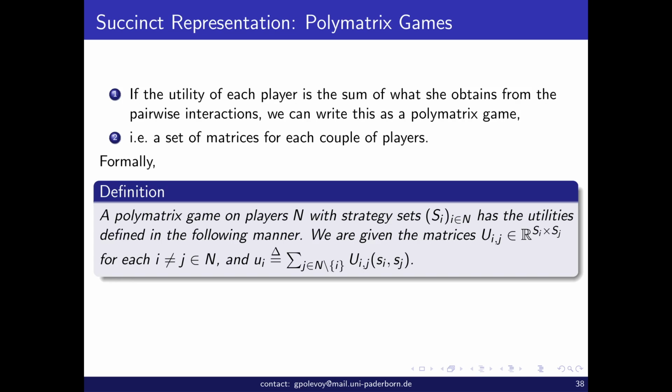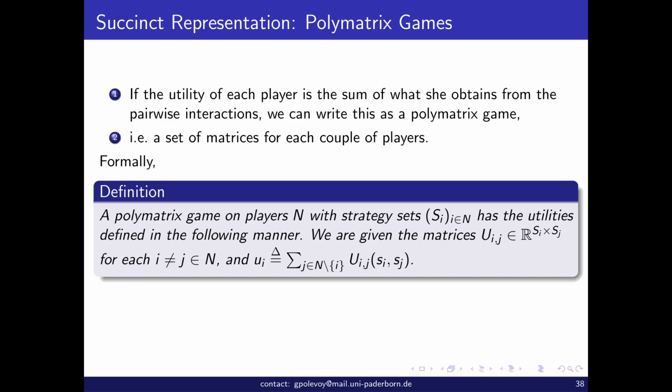Not every game is a Polymatrix game. The utility of a player may depend on any other player, but if it's the sum of what the player obtains from every one of the other players separately, so it can be basically a decomposed set of pairwise interactions, then we can write it as a Polymatrix game.